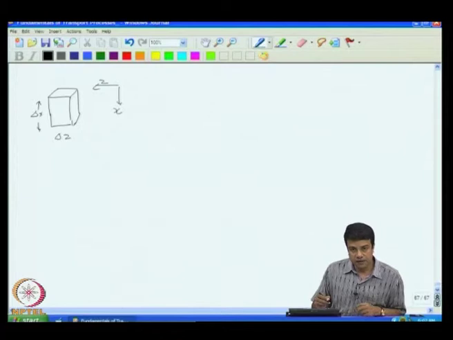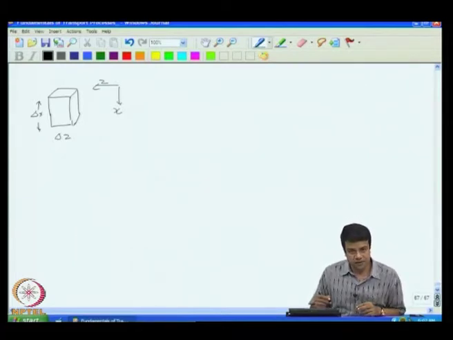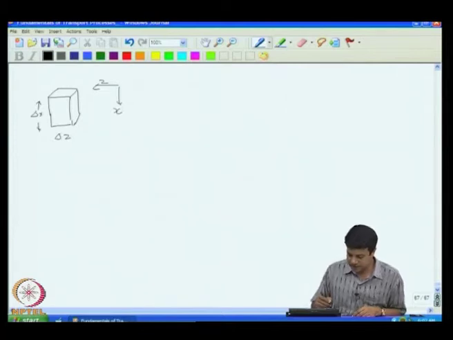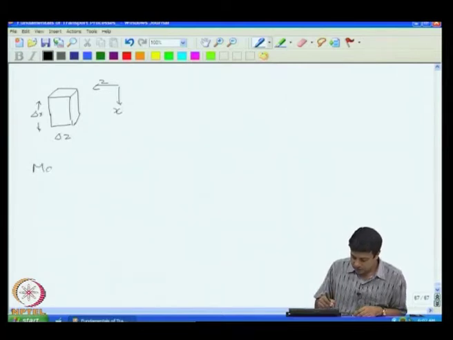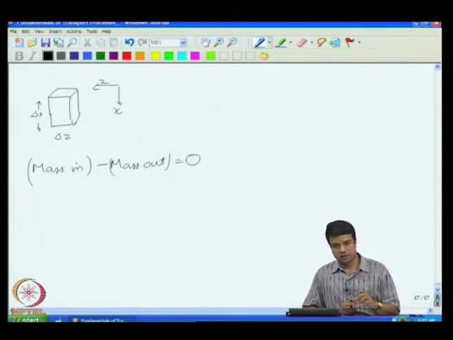So, basically, since this is a steady state problem, the differential equation that I am going to get is going to basically say that mass in minus mass out has to be equal to 0 at steady state, because there is no rate of change of mass. Concentration at a given position is independent of time.